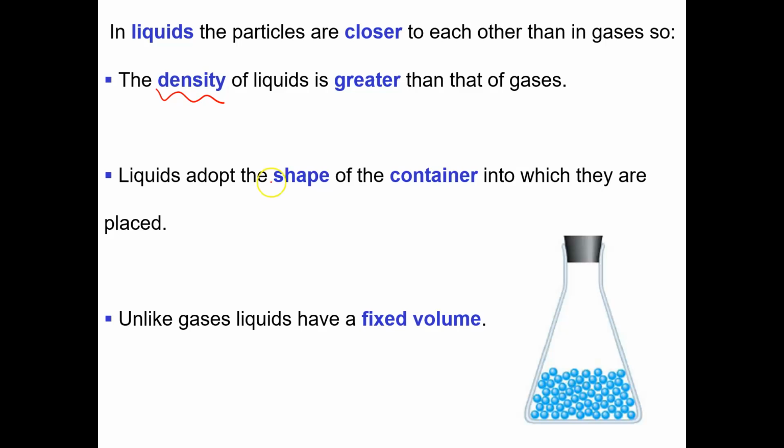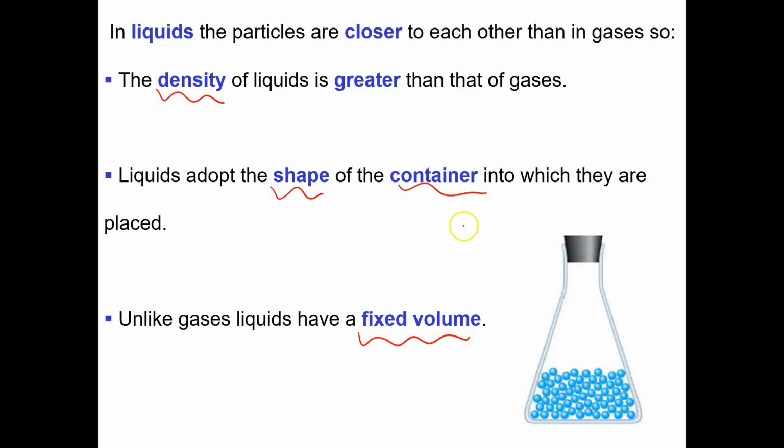Liquids are kind of cool because they do adapt to the shape of their container. You pour a liquid from one container to another, it'll change shape. That's kind of cool. However, unlike gases, liquids have a fixed volume.